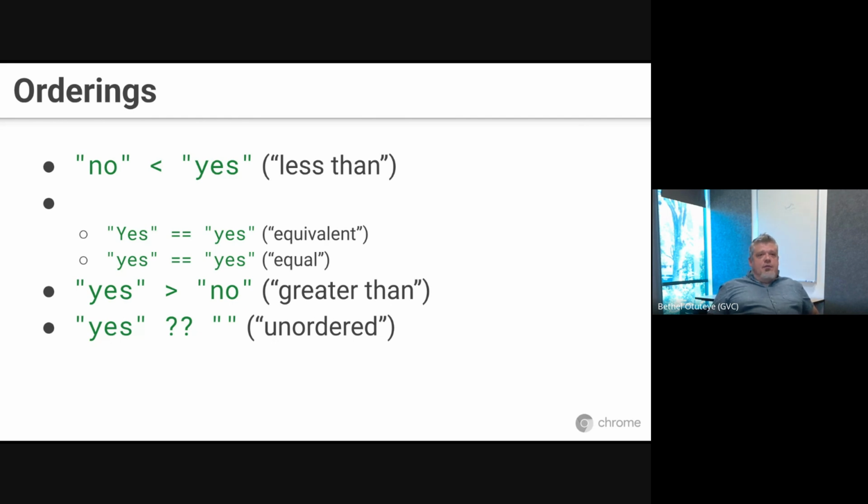We have greater than because yes comes after no in the dictionary. And then we have unordered, if you say, well, the empty string isn't a word, so it doesn't appear in a dictionary, so we can't say where it appears compared to the word yes. So those are unordered in this sense. So this would be how you would map these practically.